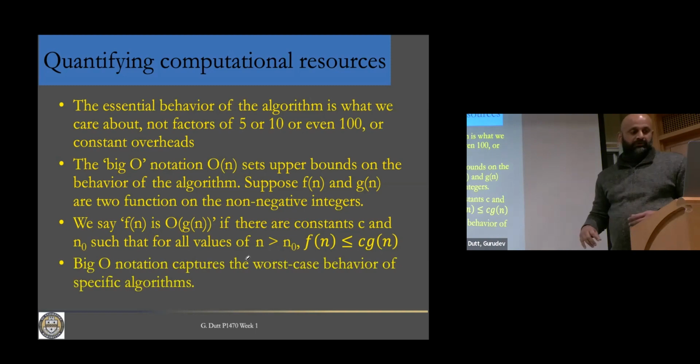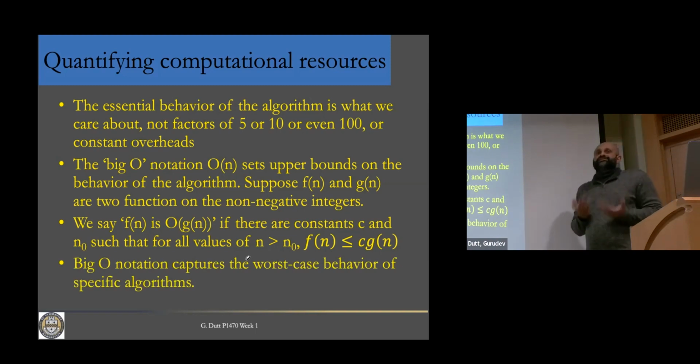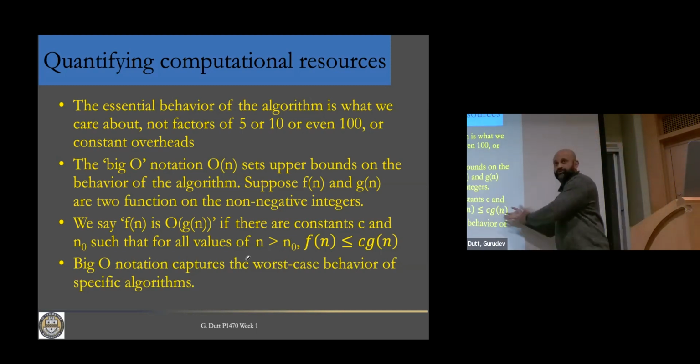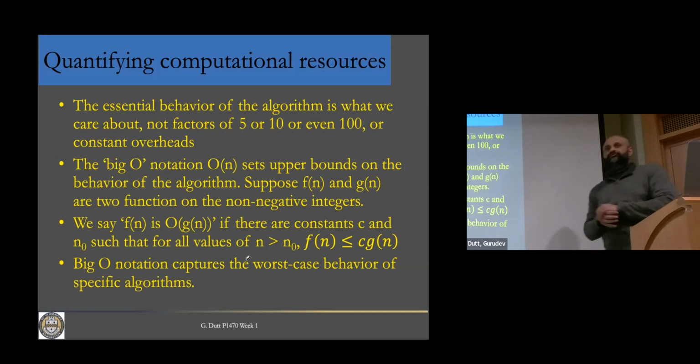So the big O notation captures sort of worst case behavior for the algorithm. As n gets bigger and bigger, essentially you can think of this as it'll approach these values of this g of n.